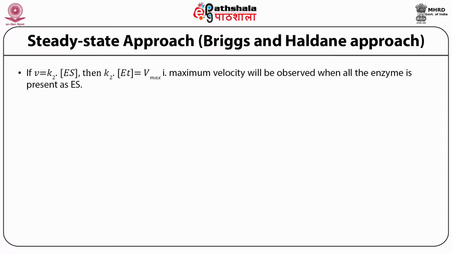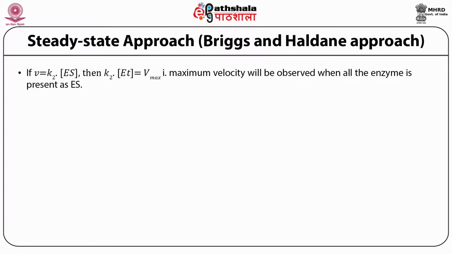We know that Vmax is the maximum velocity, and it comes when all the free enzyme is existing in the form of ES complex. So V equal to K2 into ES can be replaced with Vmax equal to K2 into ET.